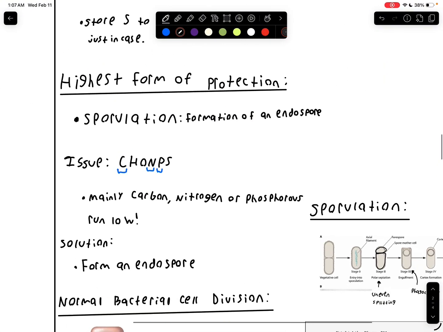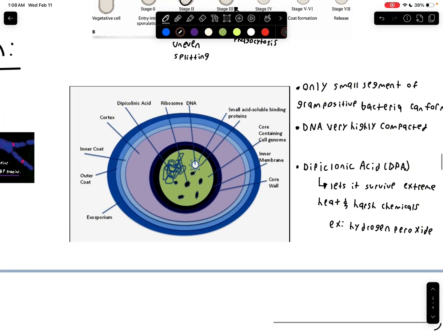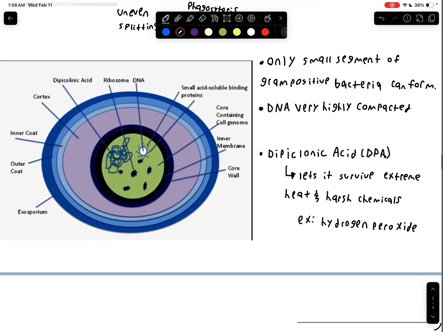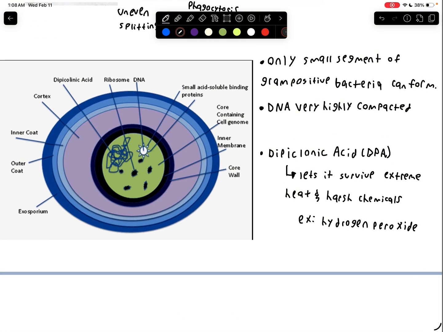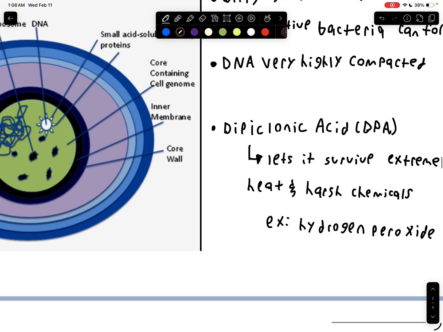Now, 6 layers usually means it's very protected, and that is the case. This, again, is the highest form of protection a bacterial cell can have. And so what you see is, again, it's only in a small segment of gram-positive bacteria, and the DNA is so heavily compacted that they've drawn it in this weird shape just to show you that it's not really loose like it was before.